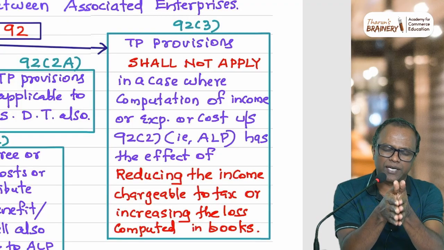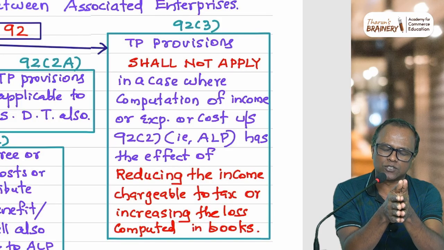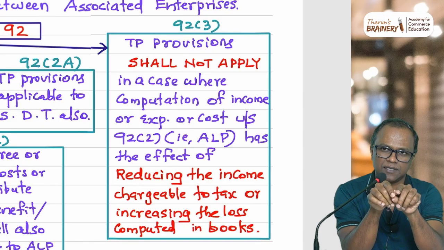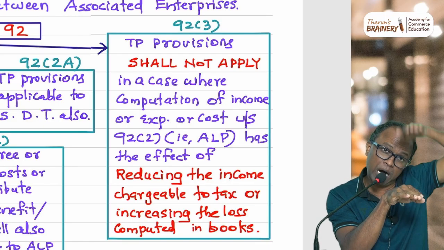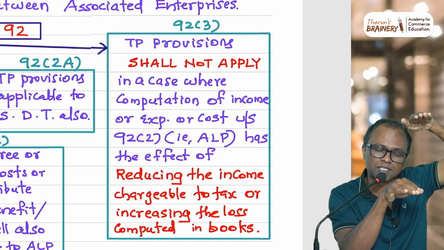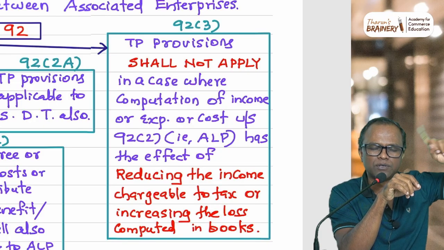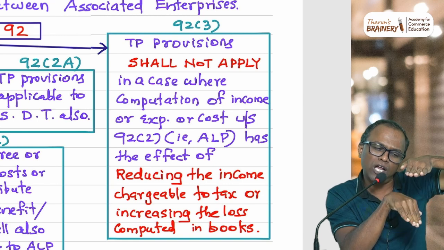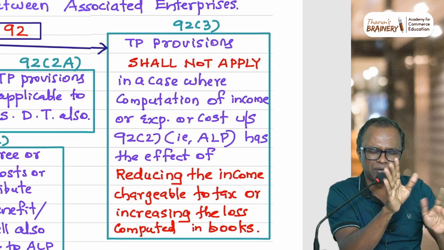So an easy way to remember all these provisions while solving problems, the simple solution is, when you are making payment of expenditure, your P&L account debit side should be kept in mind. P&L account debit side. Payment of expenditure to AE. If it is above arm's length price, transfer pricing provisions are applicable. Payment of expenditure to associate enterprise below arm's length price or equal to arm's length price, TP provisions not applicable.